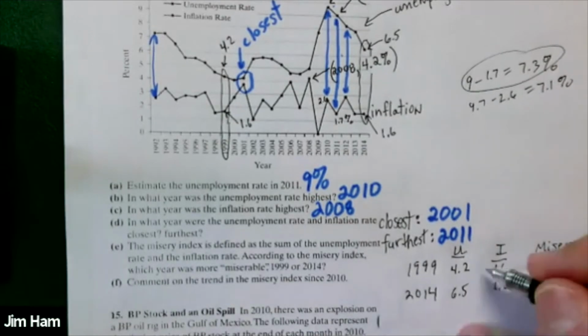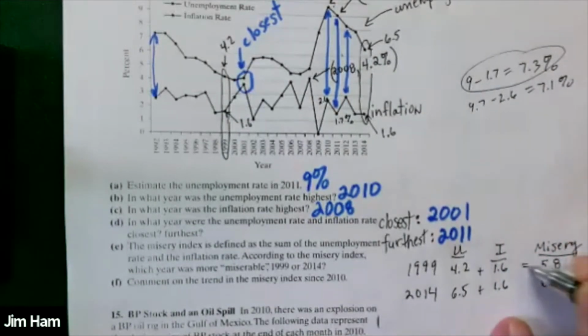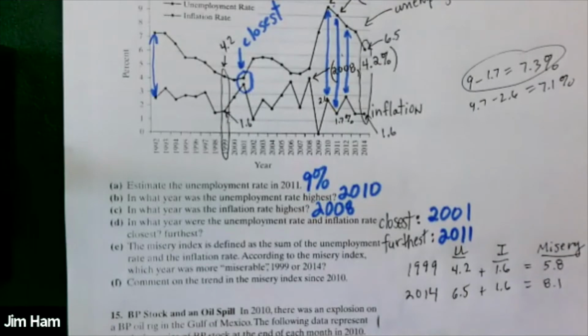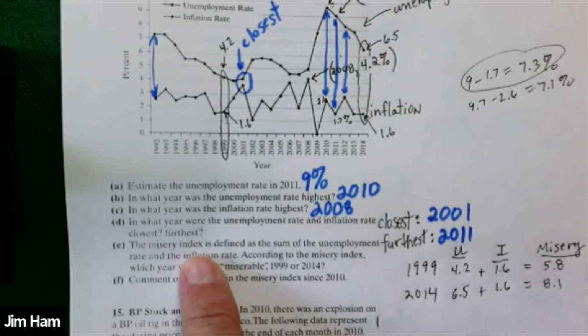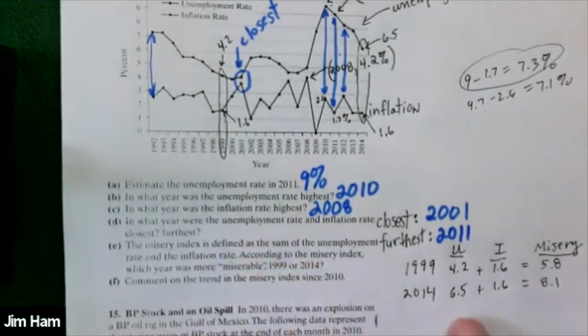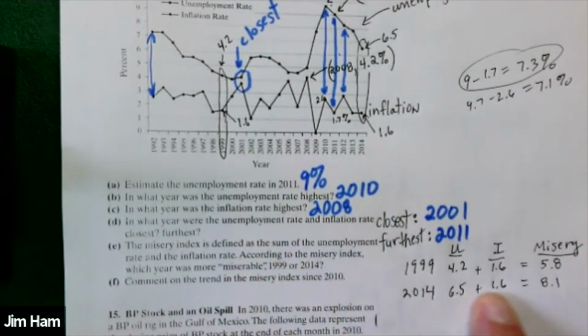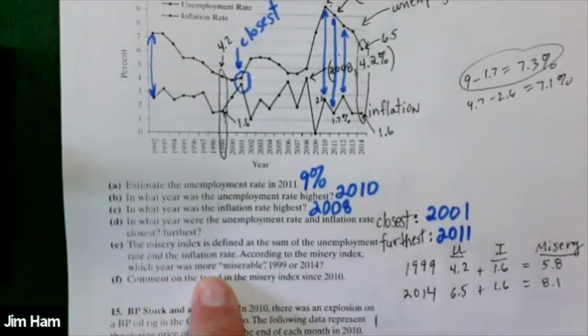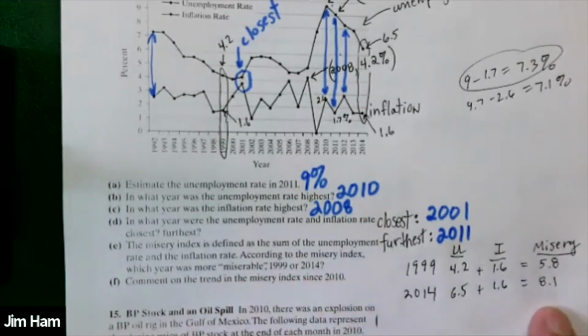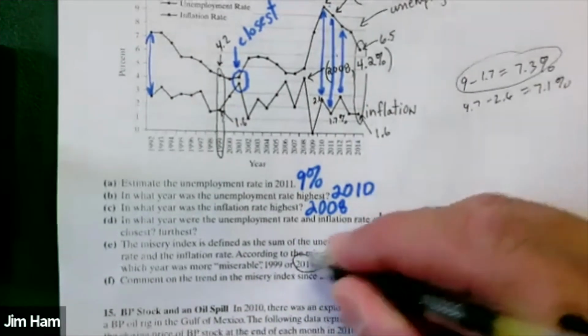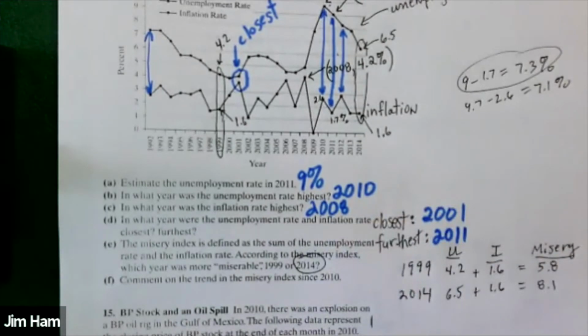We're just going to add these two to get that one. The misery index is defined as the sum of the unemployment and the inflation rates. According to the misery index, which was more miserable? The higher the number, the more miserable, so we're going to select 2014.